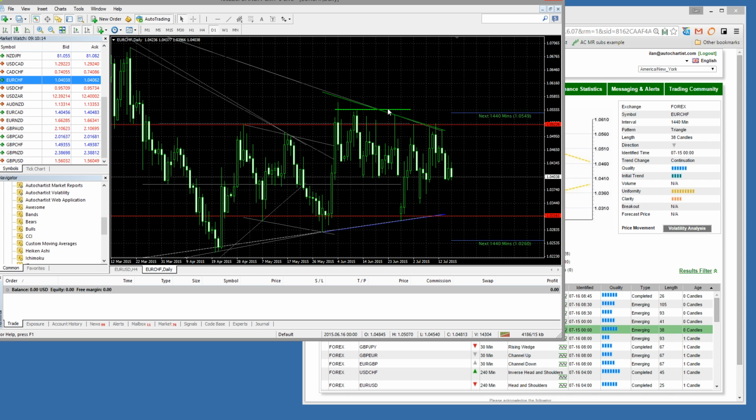So Autochartist has identified a resistance level at around this price over here, 10.55.6. It's a computer, right? It takes the highest point, so I might look at a resistance level around 10.525.